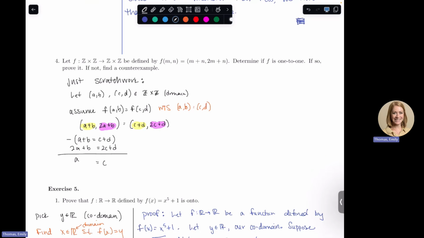So we got A equals C. Then A plus B equals C plus D gives A plus B equals A plus D. So B equals D. And then since A is equal to C and B is equal to D, (A, B) equals (C, D).